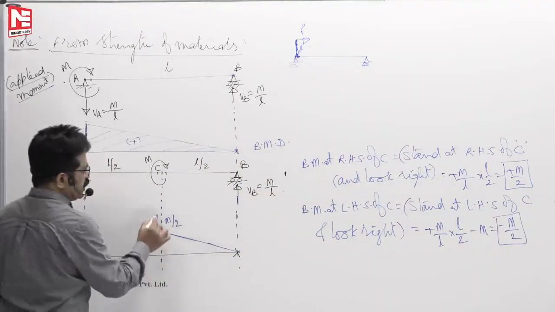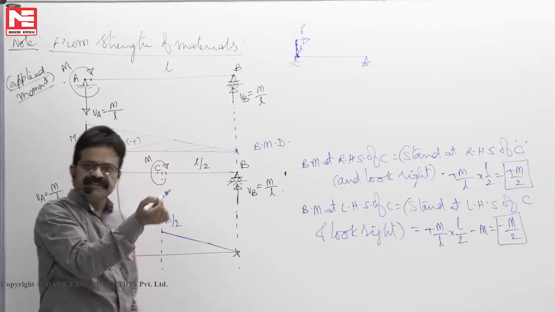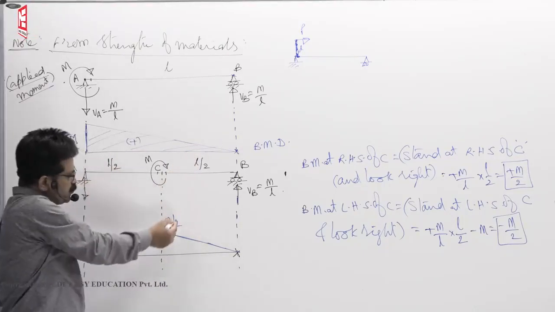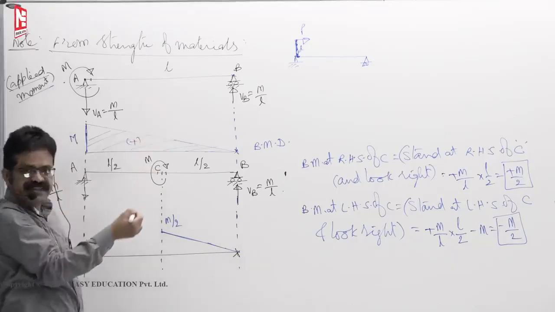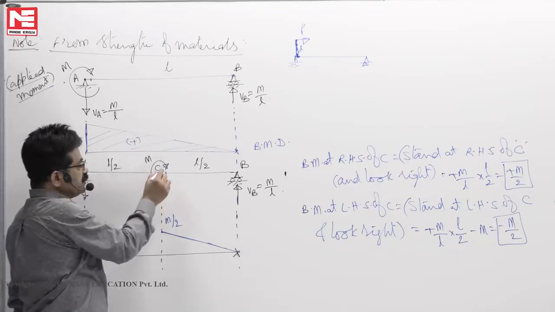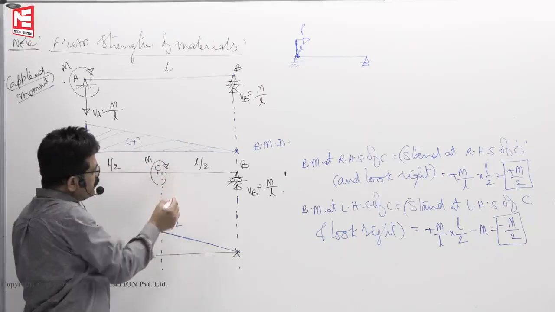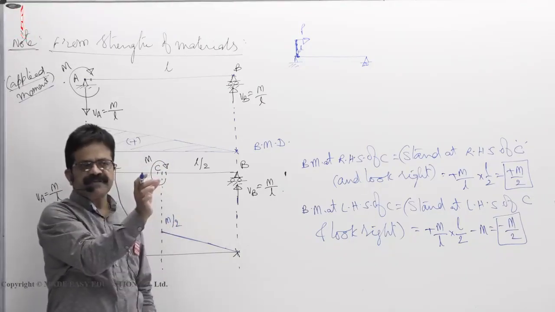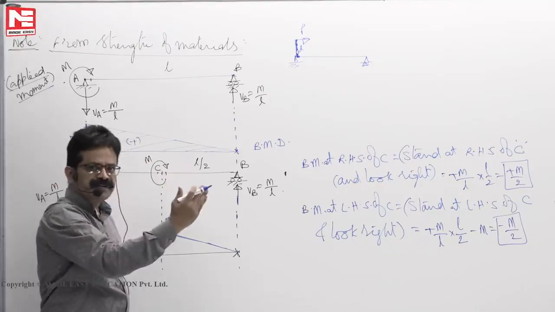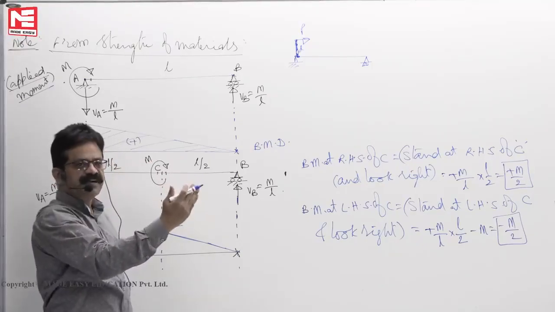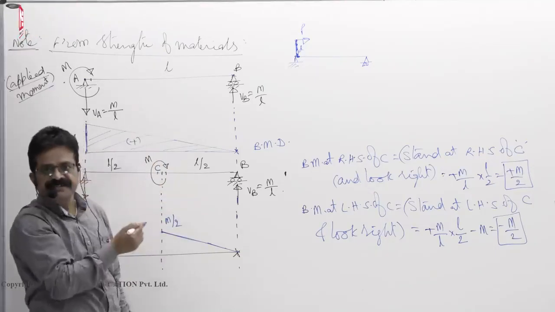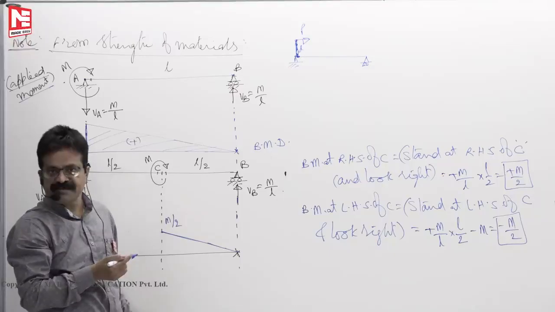The difference between the bending moment at RHS of C and LHS of C is maybe 0.01 mm. It varies from plus M by 2 to minus M by 2 in some fashion, let us say over a width of maybe 5 mm. If you take a section at 1 mm, 2 mm, 3 mm, 4 mm or 5 mm from C, we don't know. In that 5 mm range, it will change from plus M by 2 to minus M by 2.